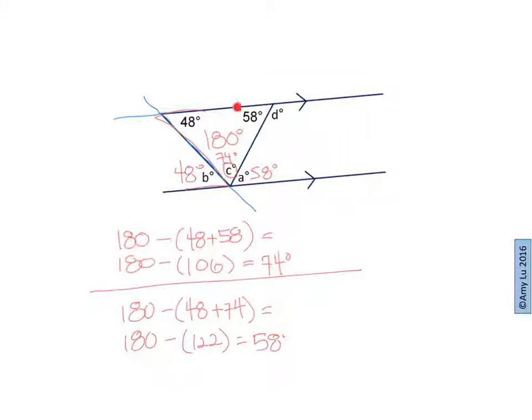Here's 180 degrees. 58 plus what makes 180 degrees? So in that case, the angle should be 122 degrees. So A is 58 degrees, B is 48 degrees, C is 74 degrees, and D is 122 degrees.